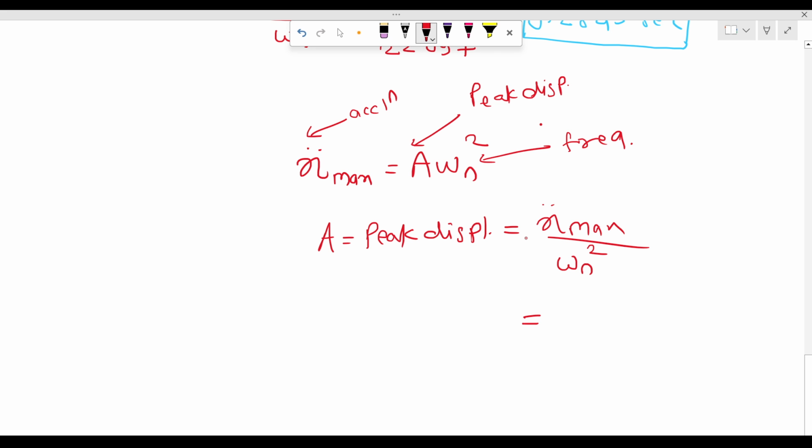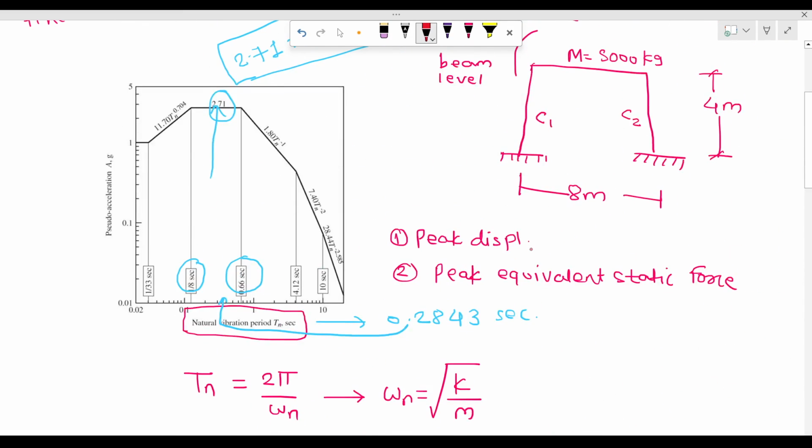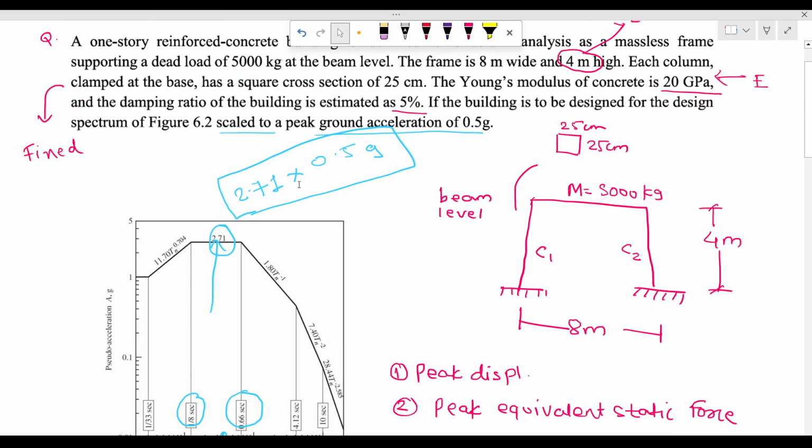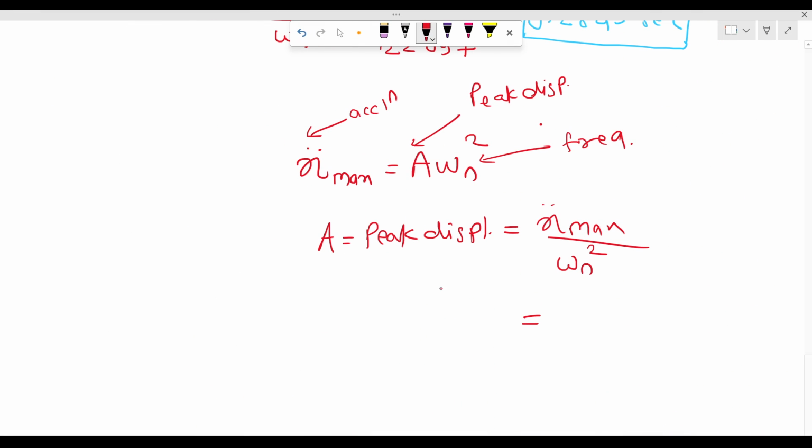So I can say here you can see peak acceleration is 2.71 into 0.5 into g, that we have got from response spectrum. G we know that it is 9.81 divided by omega n square, that we have found out 22.097.